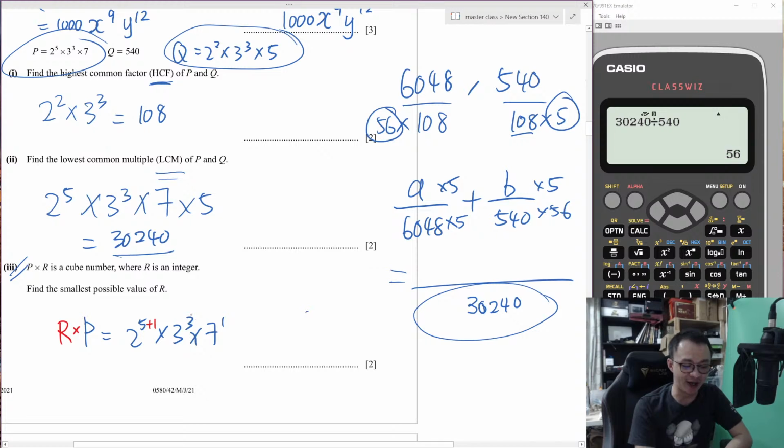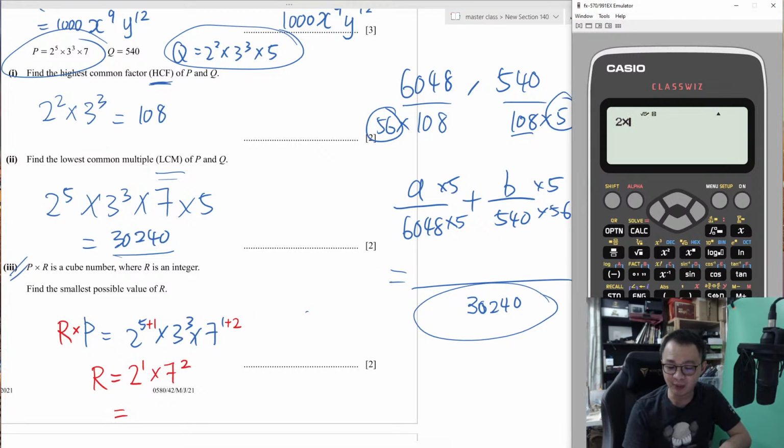Then this 3 is fine. 3 is a multiple of 3 already. Then for the 2, I need to make it become 3, so I need to plus 2. When plus 1 at the power means what? My R is 2 power 1 and 7, and then I have another one, plus 2 for 7, isn't it? 7 square.